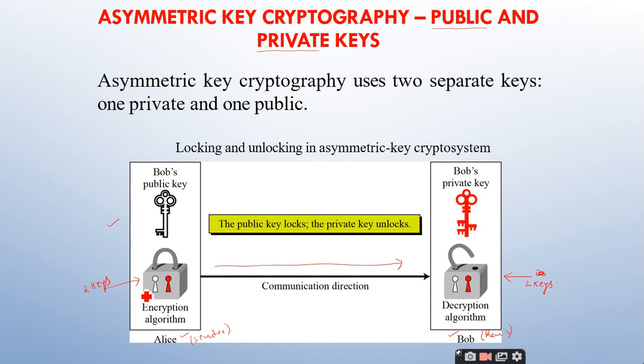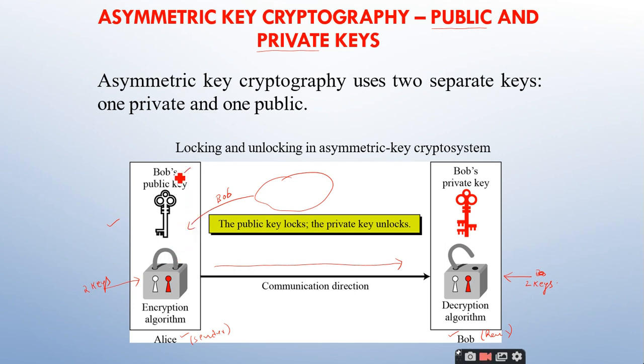When Alice wants to perform the encryption, since the message is intended for Bob, you have a public key ring here. Alice has to take the public key of Bob and encrypt this message. So the key used for encryption by Alice is Bob's public key.